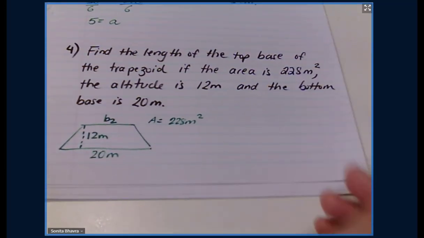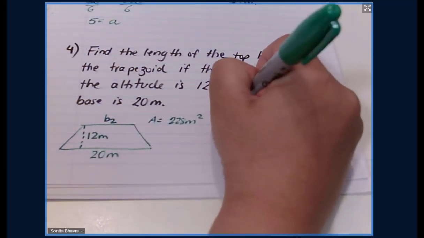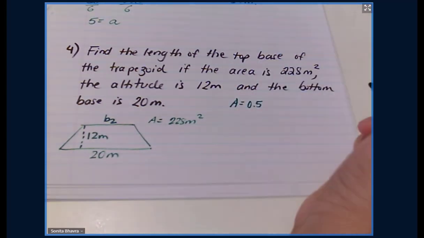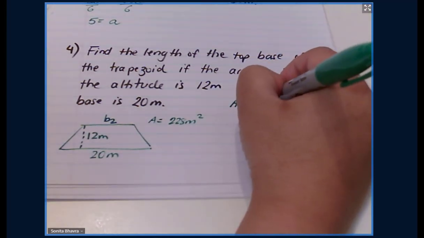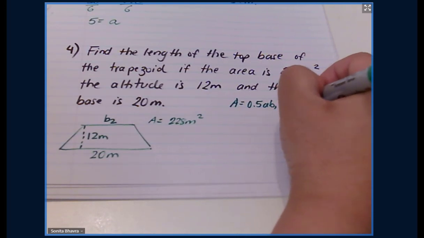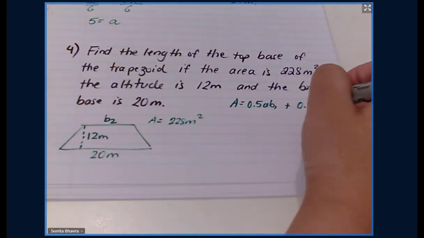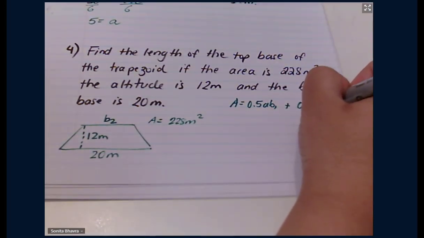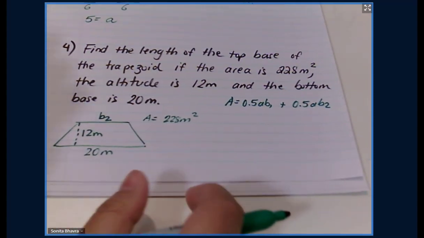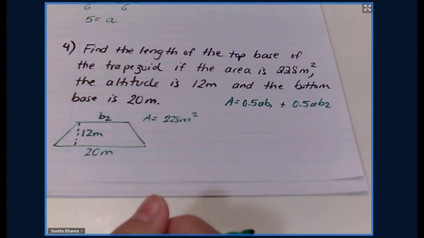So I'm going to just start by writing out our formula. So area equals 0.5AB1 plus 0.5AB2. So that is our formula for the area of a trapezoid. Next, substitution.